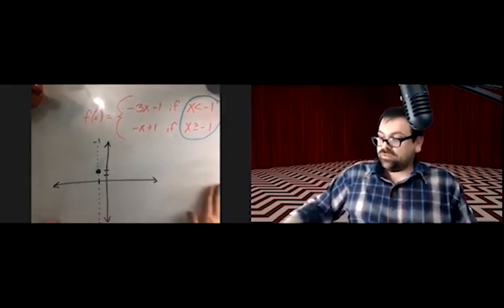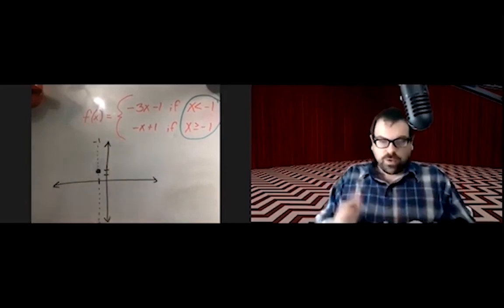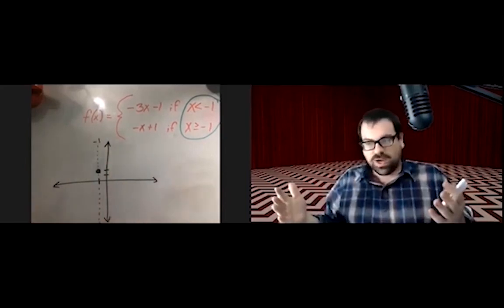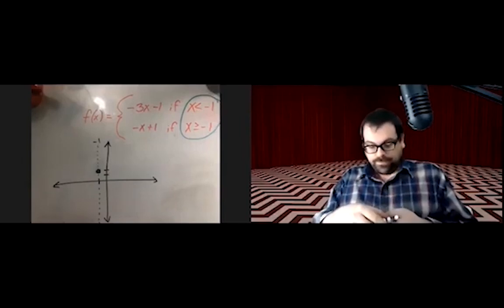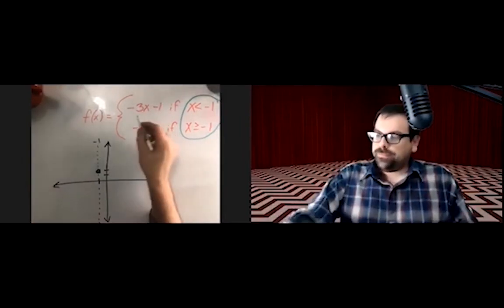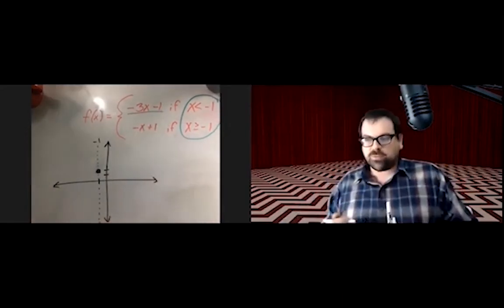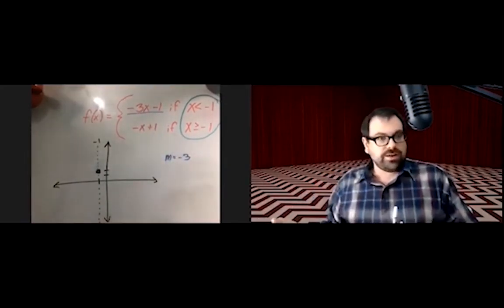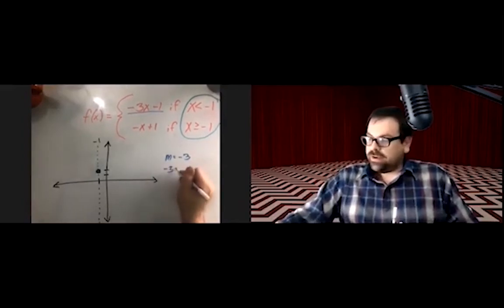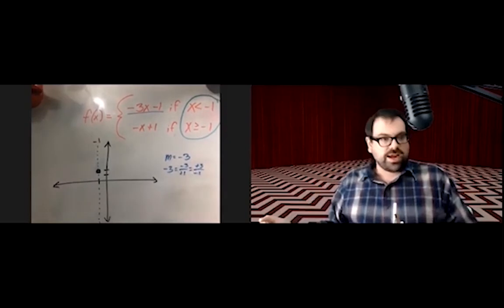Now that we have all of the filled in or open circles on the dotted line, we go left and we go right. We do the correct slopes off of the correct points. So for negative 3x minus 1, that's a slope of negative 3. Negative 3 is either negative 3 over positive 1 or positive 3 over negative 1.